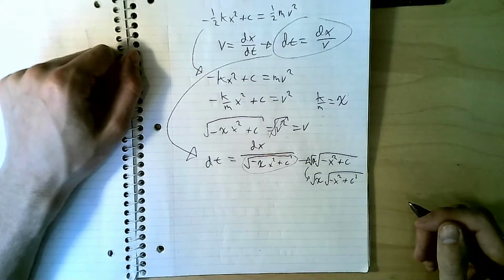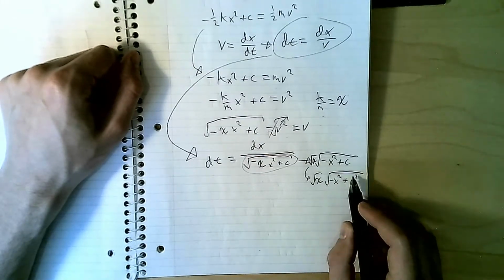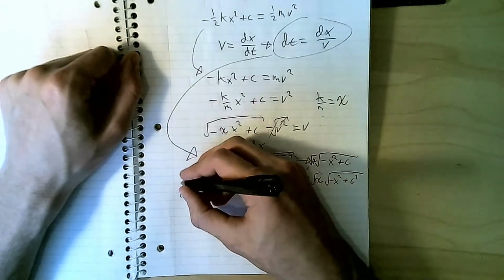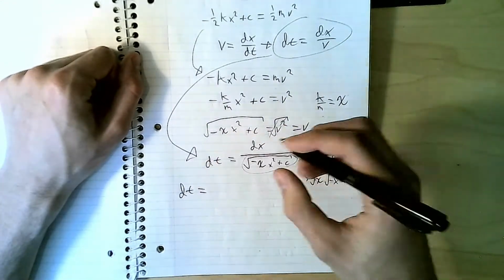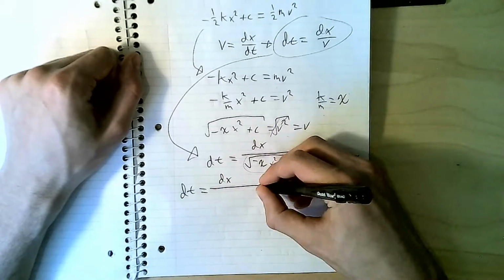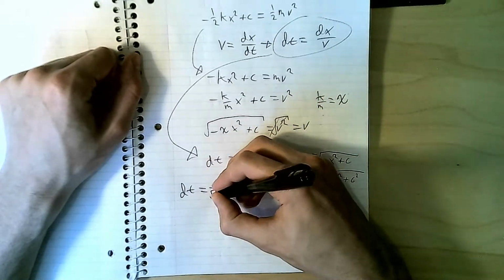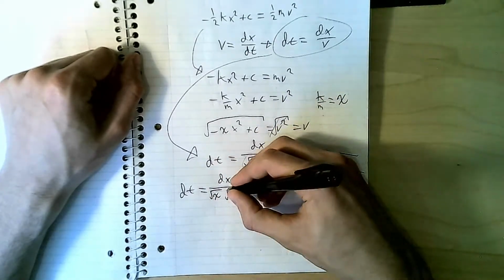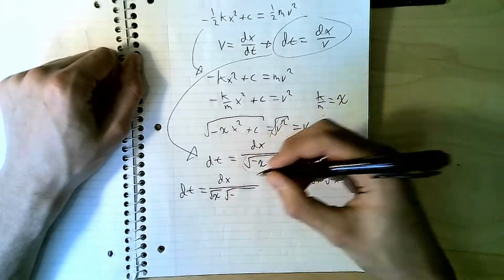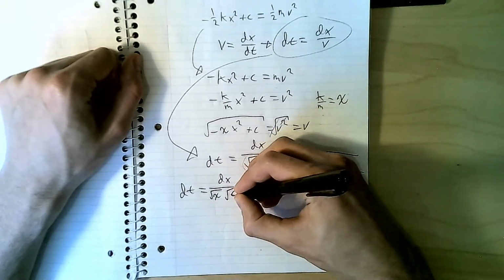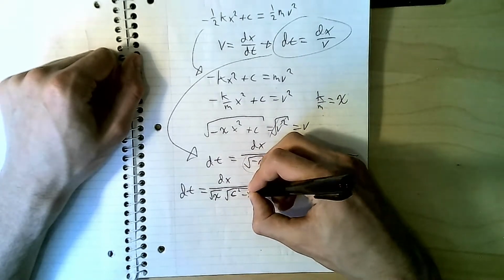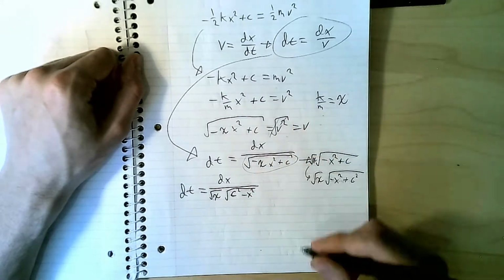And so, beauty of undetermined constants. Okay, now this right here is a known integral, and we will look at that. So I'm going to write it this way: c squared minus x squared in here.